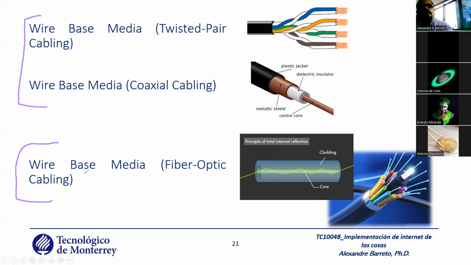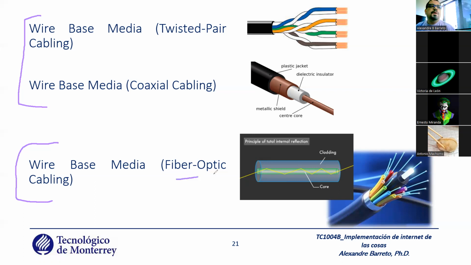The good thing here is that this type of technology doesn't suffer any type of interference; it is completely protected. And you can transport a lot of data. For example, in the local network, you can send up to 10 gigabits per second.